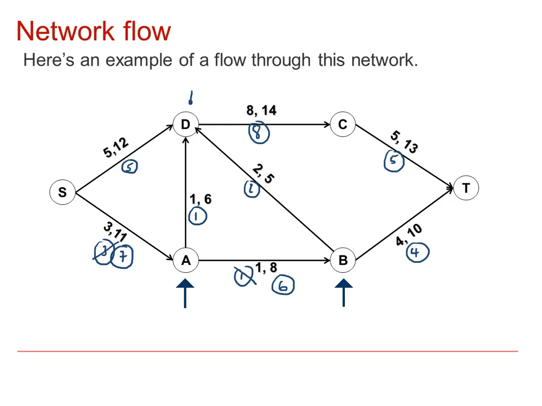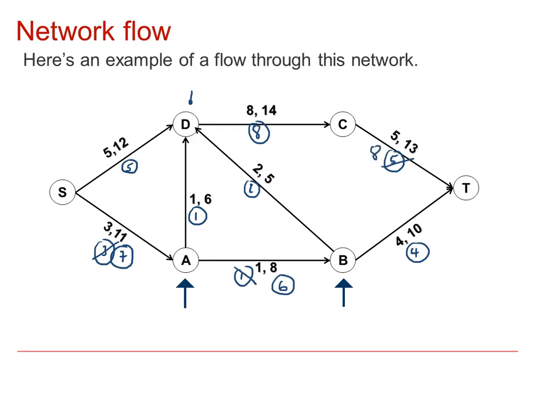Now let's continue through the network. We're okay at B, we've got conserved flow there. B has now got 6 coming in and 4 coming out. So let's continue round the network then from B, come up here 2, and yes, we've got a total of 8 coming in and 8 out. But now we've only got 5 coming from S to T, so we need to change that also to 8.